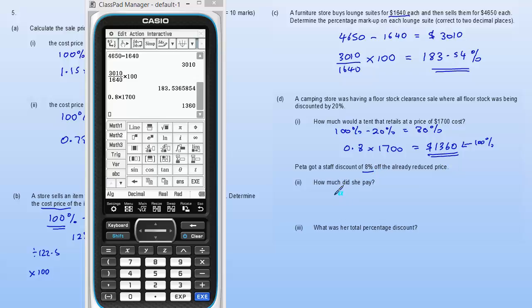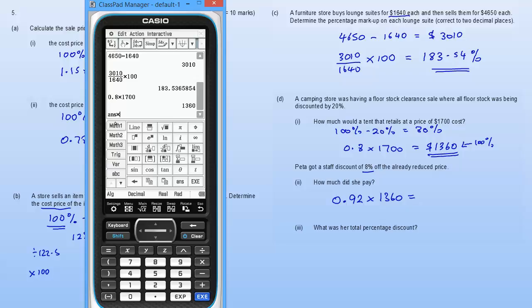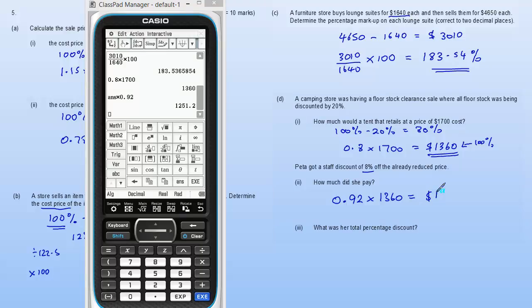So that's going to be 0.92 multiplied by 1360. Get the last answer up by just hitting times 0.92. So that's 1251.20.